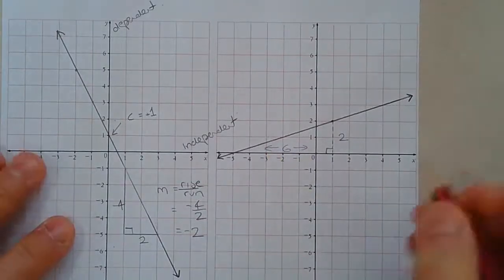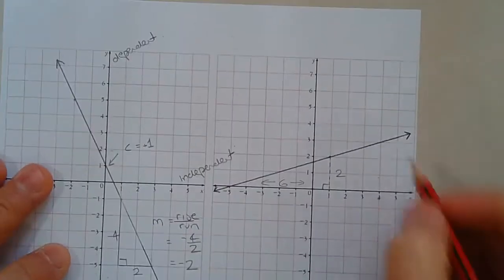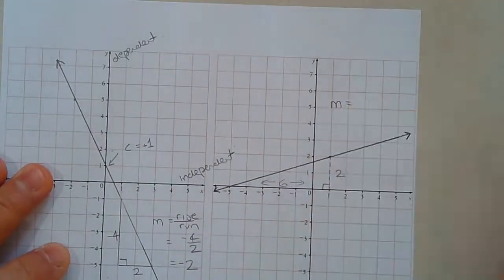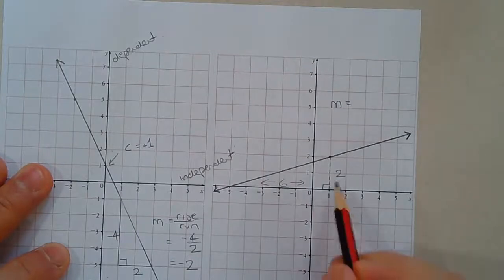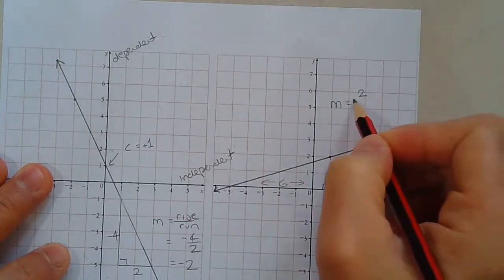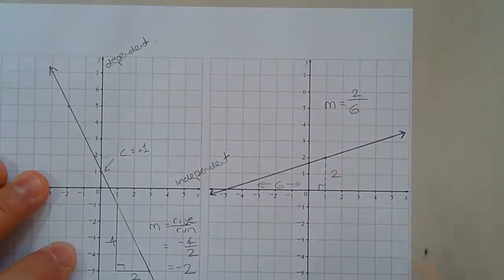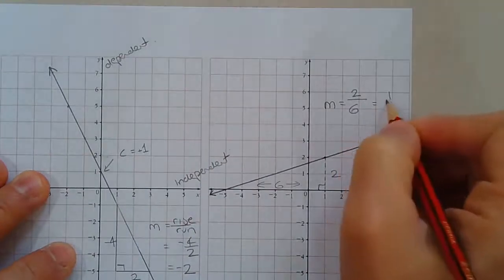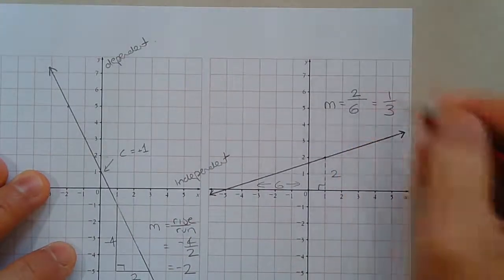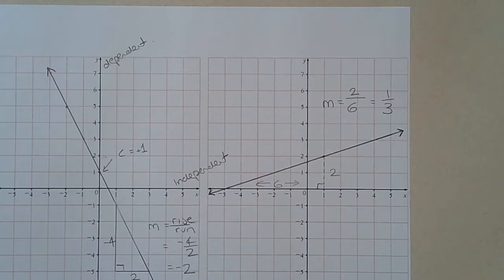So m, we know the formula, rise over run. So the rise is 2 over the run of 6, and we can simplify this fraction. The rise over run is 1 on 3 as a simplified fraction. So m is equal to 1/3, it's a fraction.